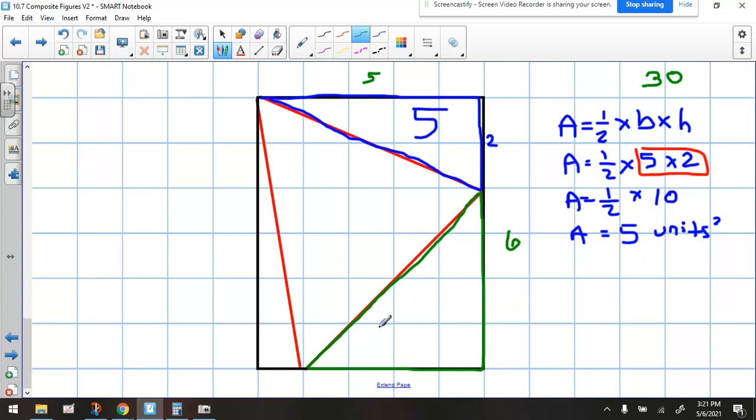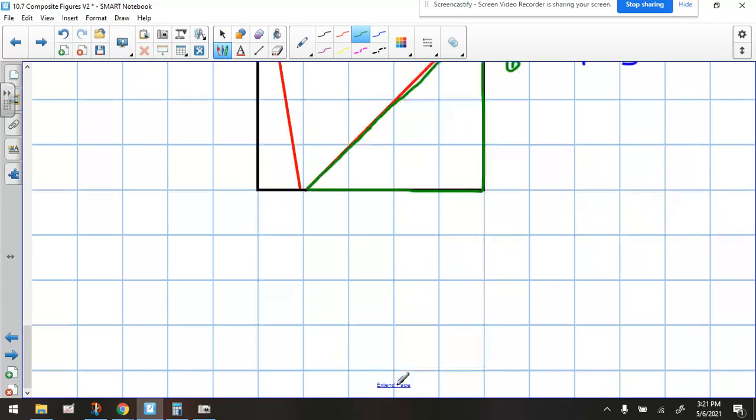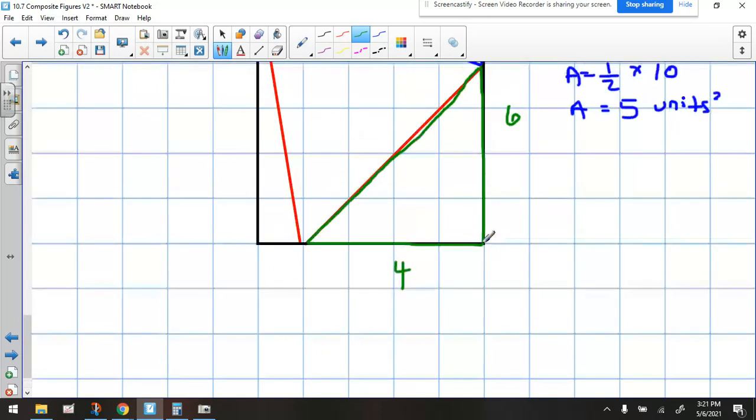The dimensions of it are 1, 2, 3, 4 going that way, and then 1, 2, 3, 4 going that way. So if we substitute the dimensions into the formula, which is area equals half base times height, the base is 4 and so is the height.